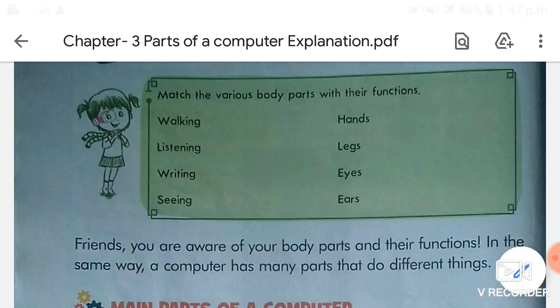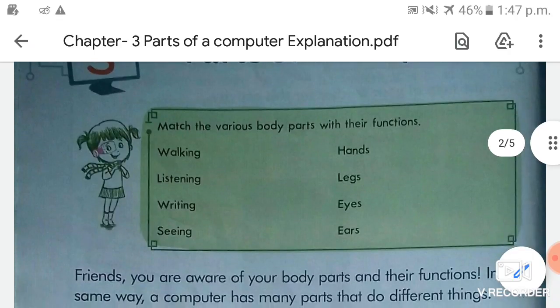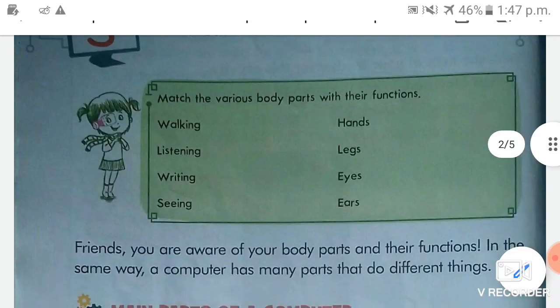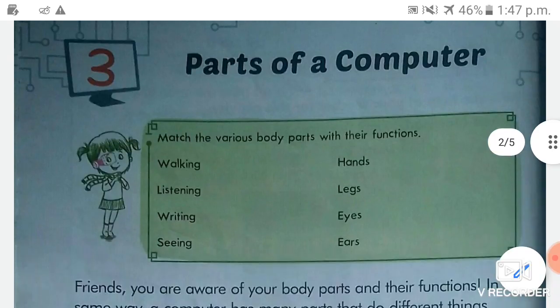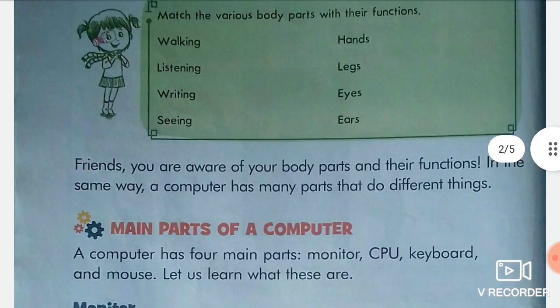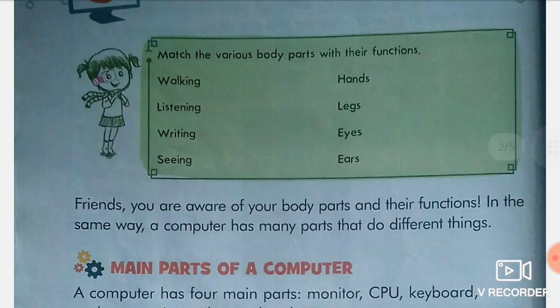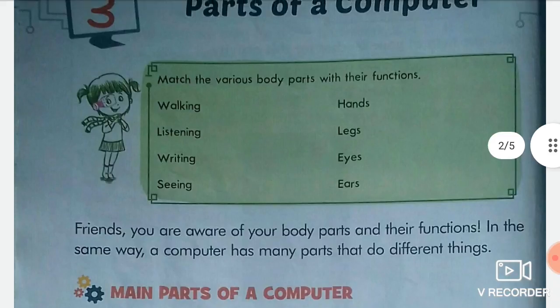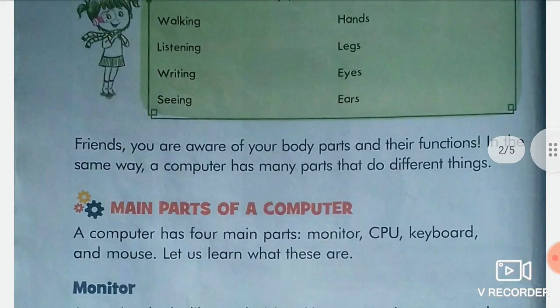Now students, as you all know, in our previous chapter we had learned about the uses of computer: the places where computers are used and the things we can do on a computer.